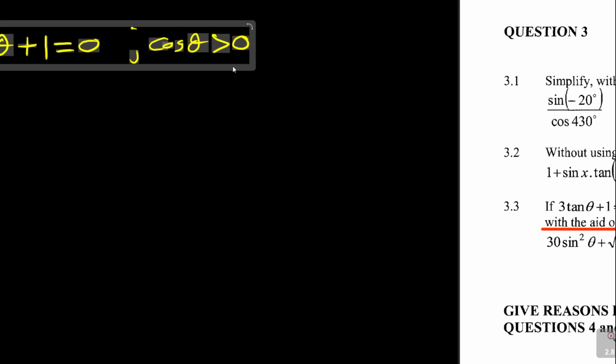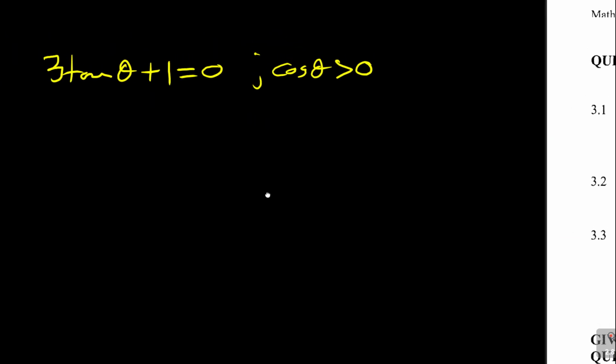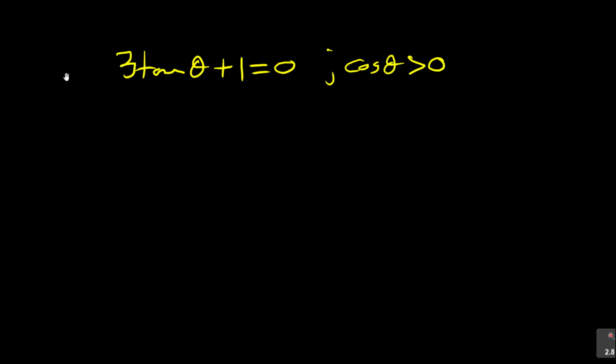Now they're saying cos is bigger than 0, meaning every part of cos is positive. You'll never find negative cos. Okay, cos is positive. Cos must be positive. Now I'm saying that for a reason. I'm repeating that cos must be greater than 0, meaning cos can only be positive.